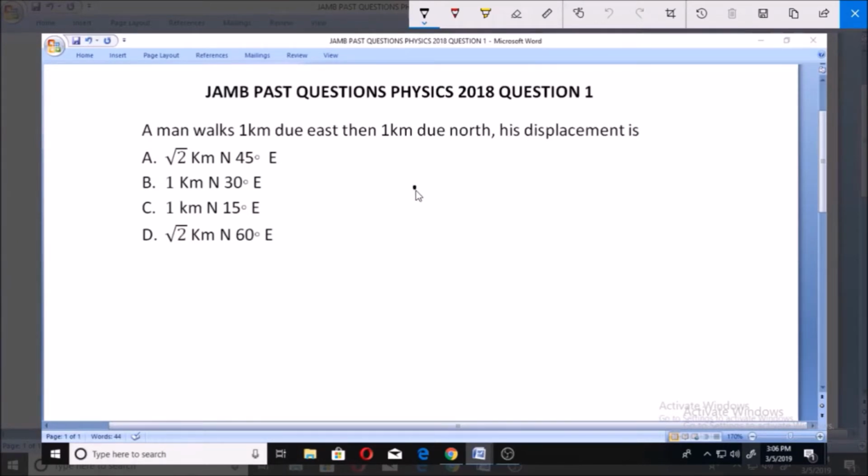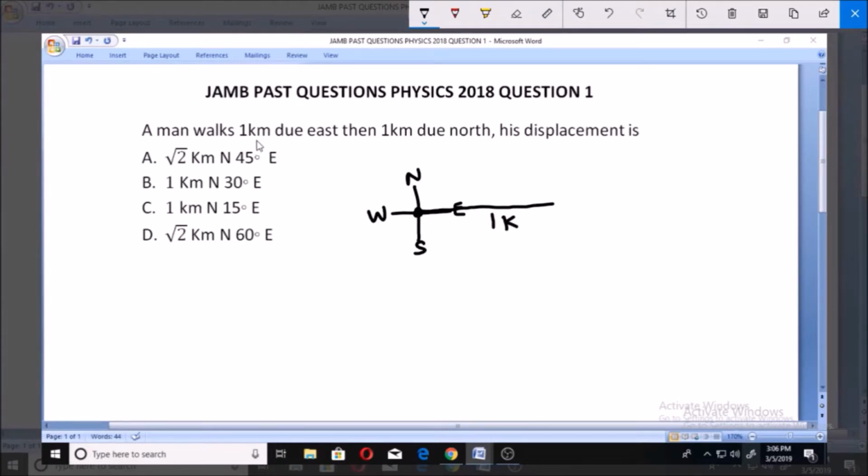So if we have this as the reference point, where this is north, this is west, this is east, and this is south, you have this man walking from here 1 kilometer east. This is east side, so he's going to walk straight down to this side 1 kilometer east.